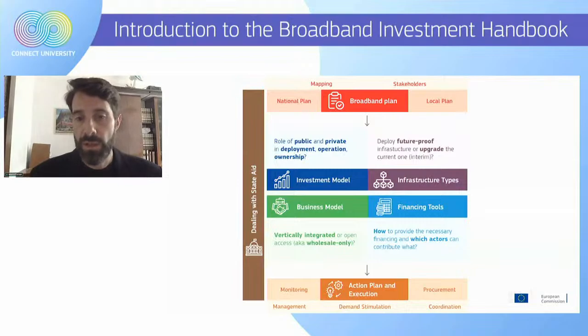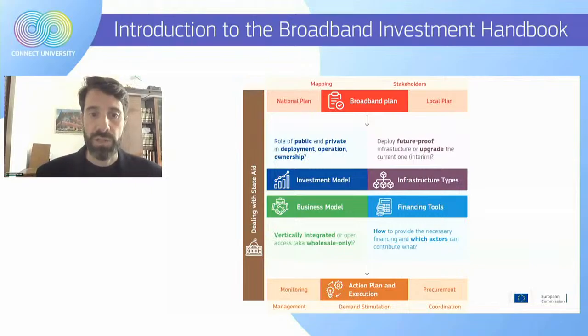This is basically a long list of all the pieces that need to fall into the right position and that can jeopardize the project if they fail, from monitoring to procurement to coordination, demand stimulation, stakeholder involvement, etc. All the things that really need to be on the checklist.